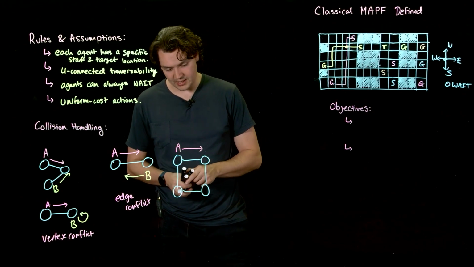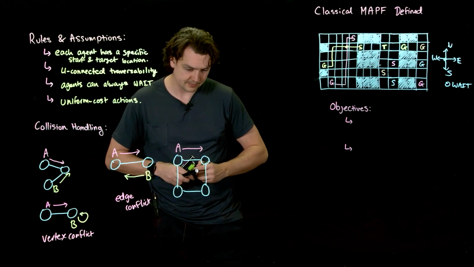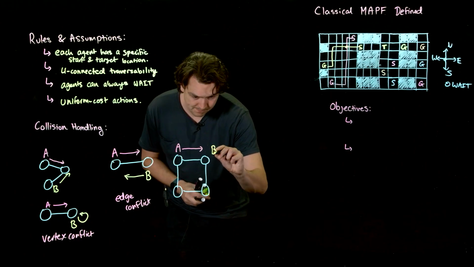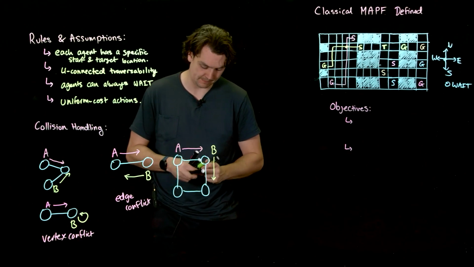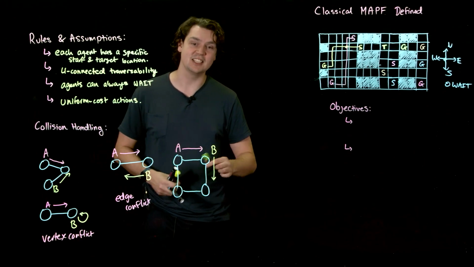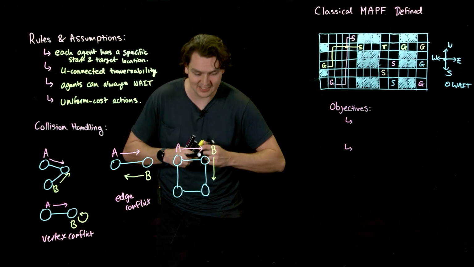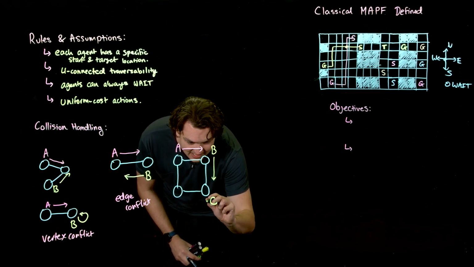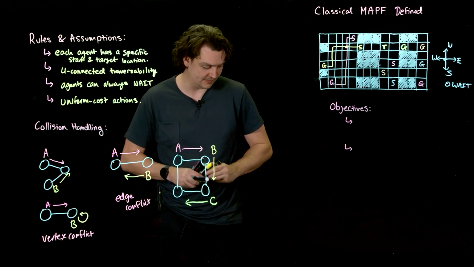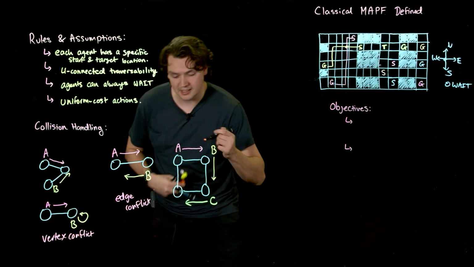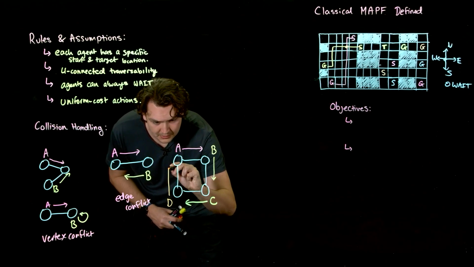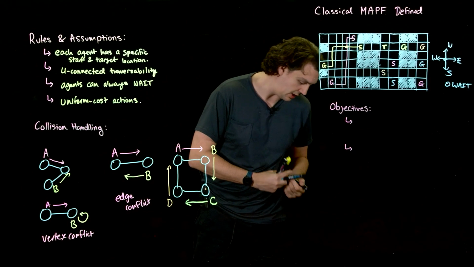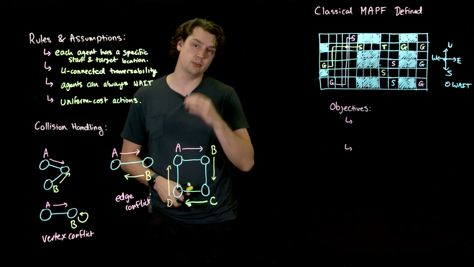So we have agent B, and C, and then we also have another agent D going this way. So this is what I would be describing as lockstep movement.